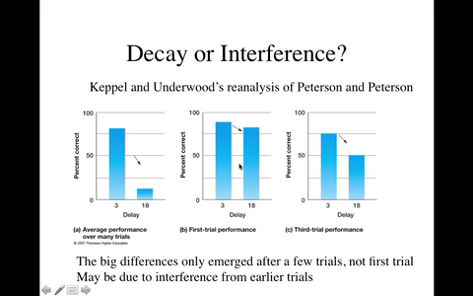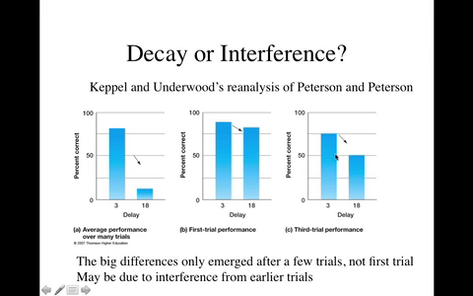In the first trial, you do not see that kind of difference. If it's pure decay without any interference, then you would expect it to decay regardless of whether it's the first trial, second trial, or third trial. What they found is that you do need interference as well. By the second or third trial, you start to see this kind of degradation.